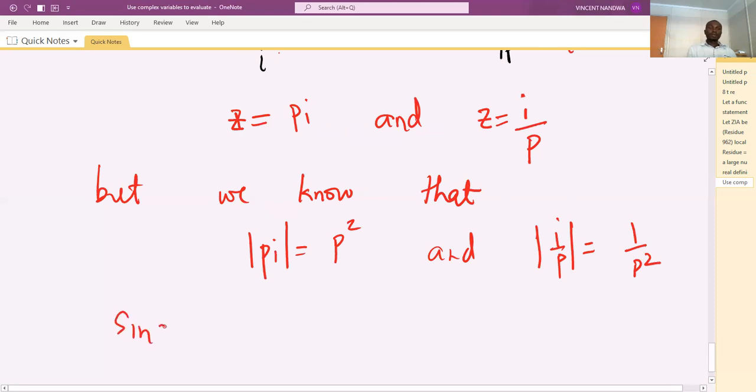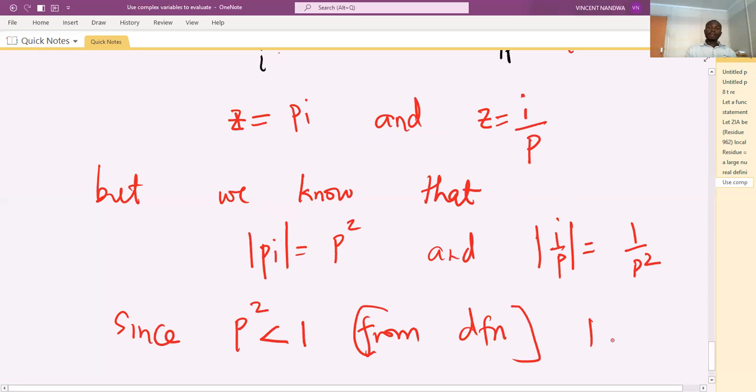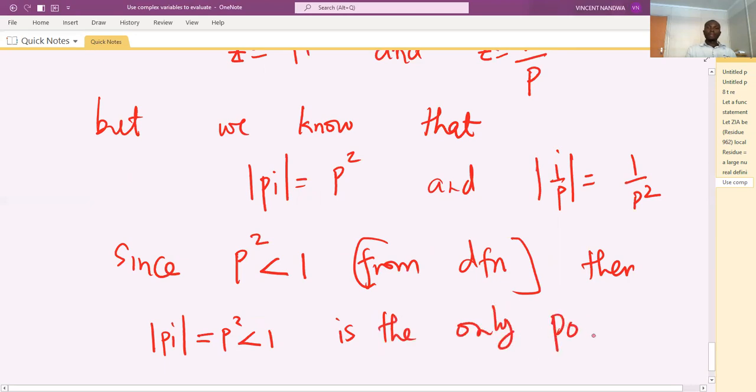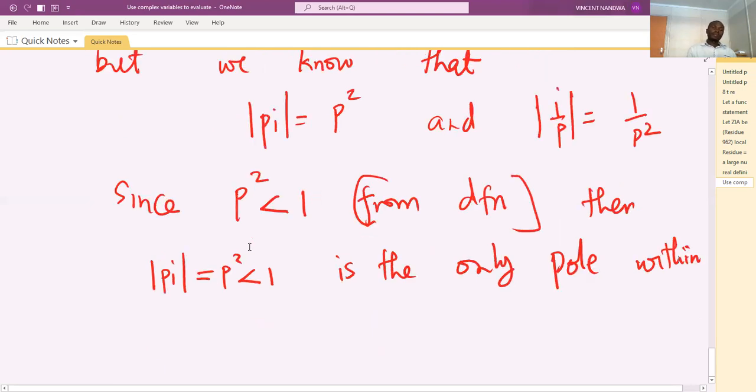Now, since p squared was given to be less than 1, this from definition, then pi, which is equals to p squared is less than 1, is the only pole within the circle.